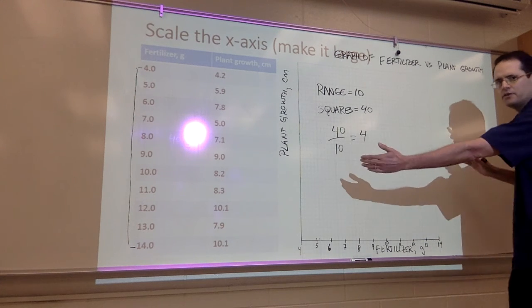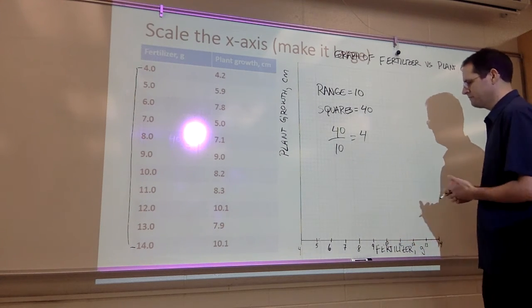Okay, so that's how I can use the full range of the graph paper.